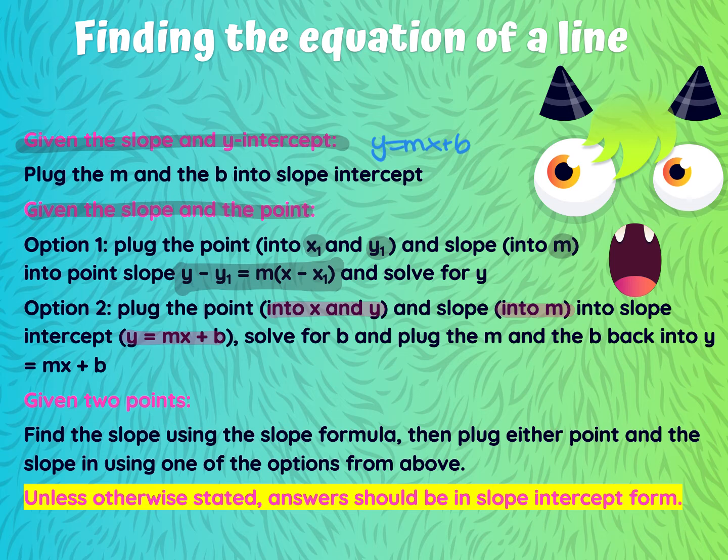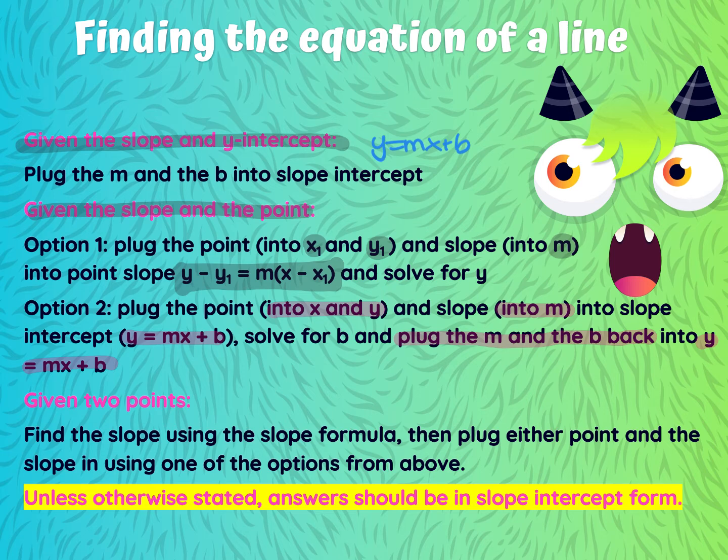For that one, you'd have to solve for b, and then plug the m and the b back in to y equals mx plus b. So I'll show you one of each of those examples. You get to choose which one. I typically choose the first one, but it doesn't mean you always have to.